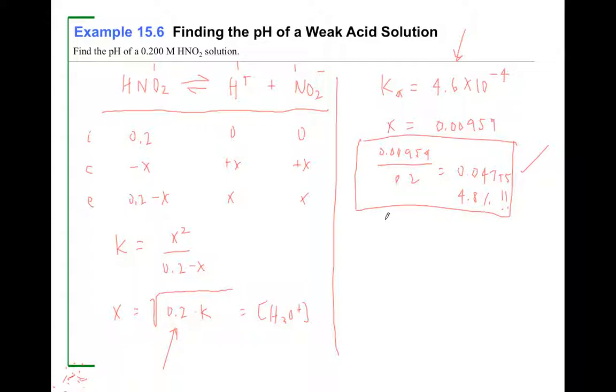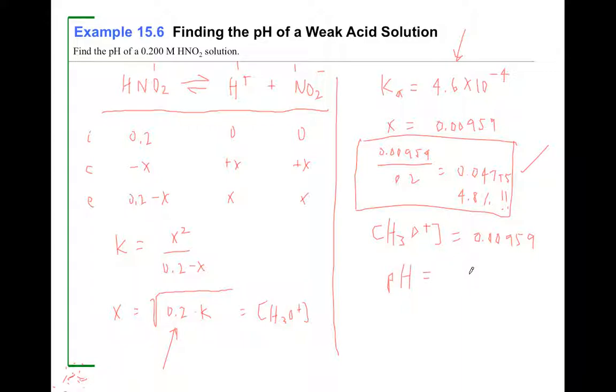It's that. Now, if that's x, then the concentration of H3O plus is equal to 0.00959. I'm complaining too much, don't I? But this pen is killing me. And so my pH is the negative log of that, right?